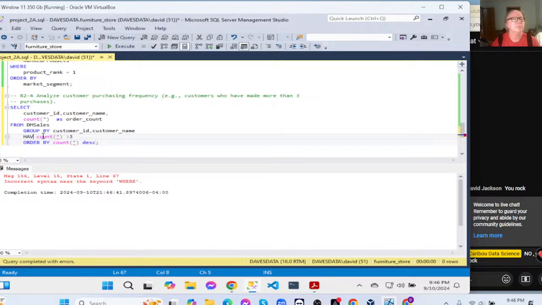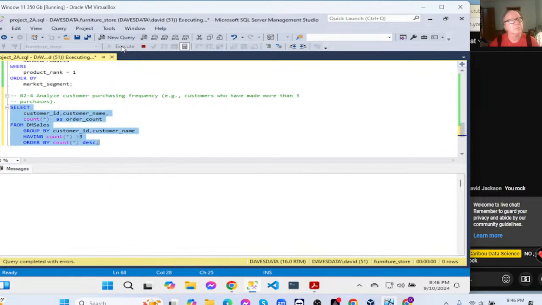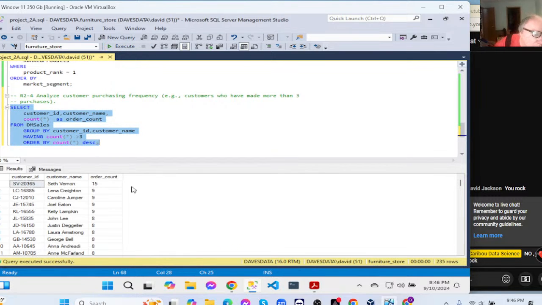Now, let's give you a heads up. We may have to change this to a HAVING because we're using an aggregate function to do this with. So let's just see what happens here. Let's try HAVING.